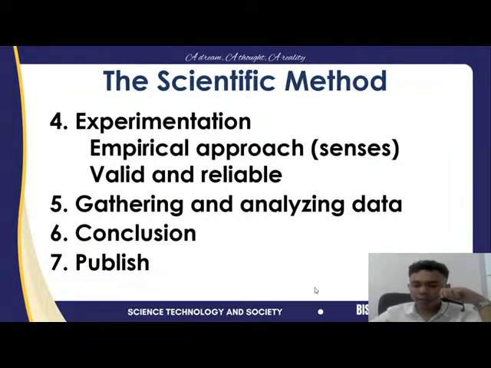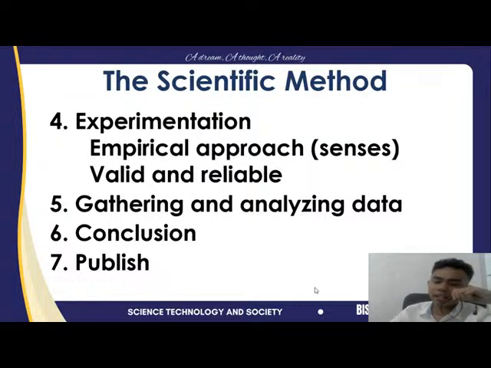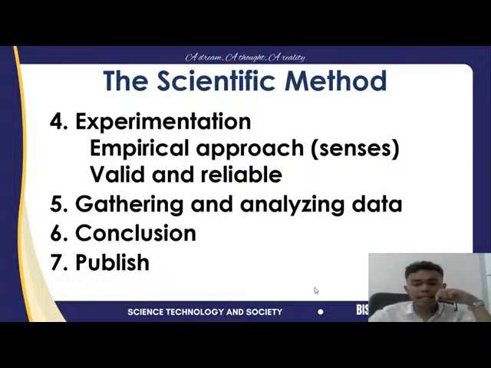All right. So that's it. The scientific method is a logical process of experimentation that is used to observe and answer questions. But does it mean that all scientists follow the exact process, the exact level of the scientific method?